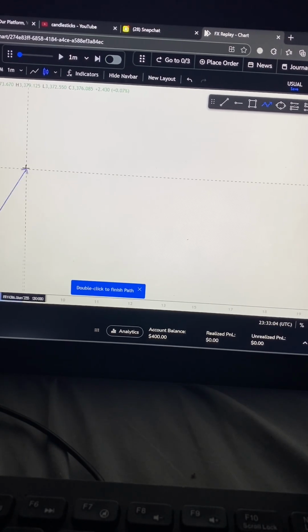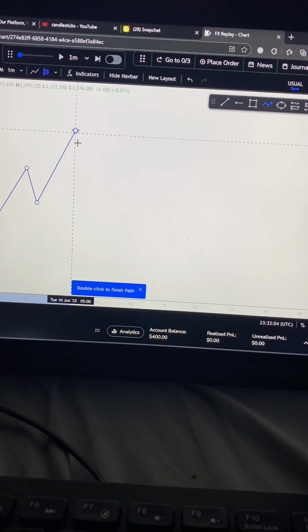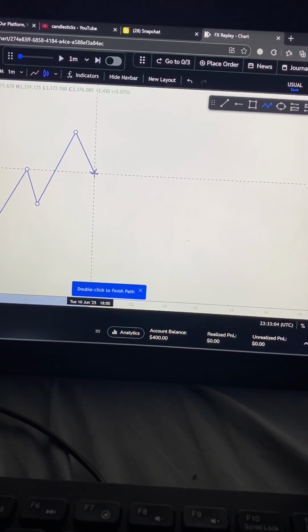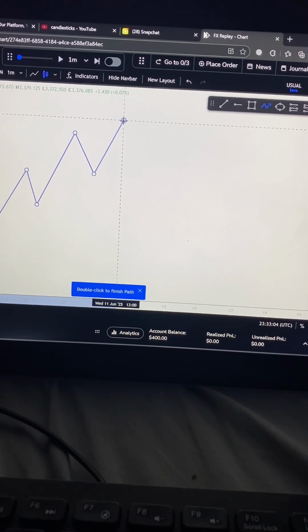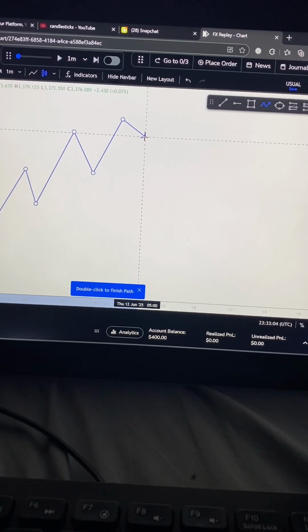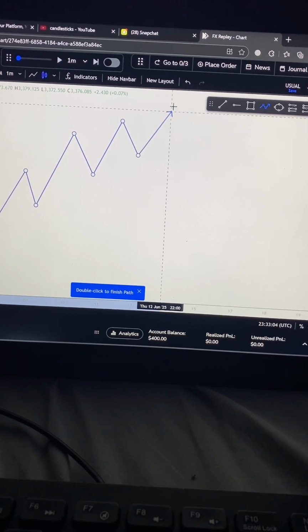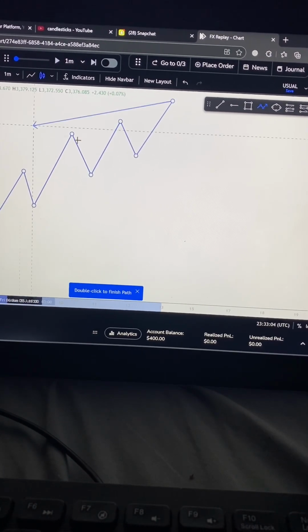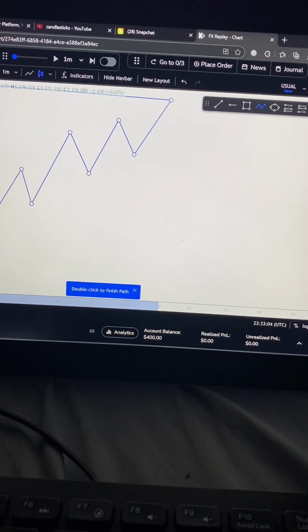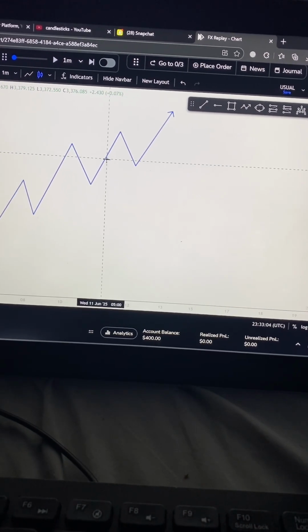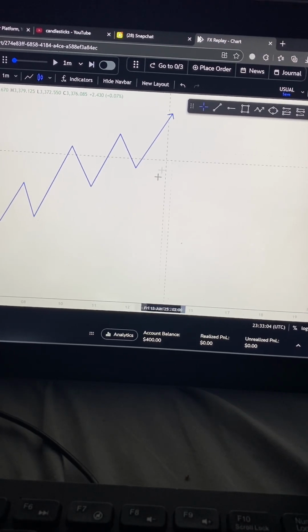So if a market does this, do you think this is an uptrend or a downtrend?